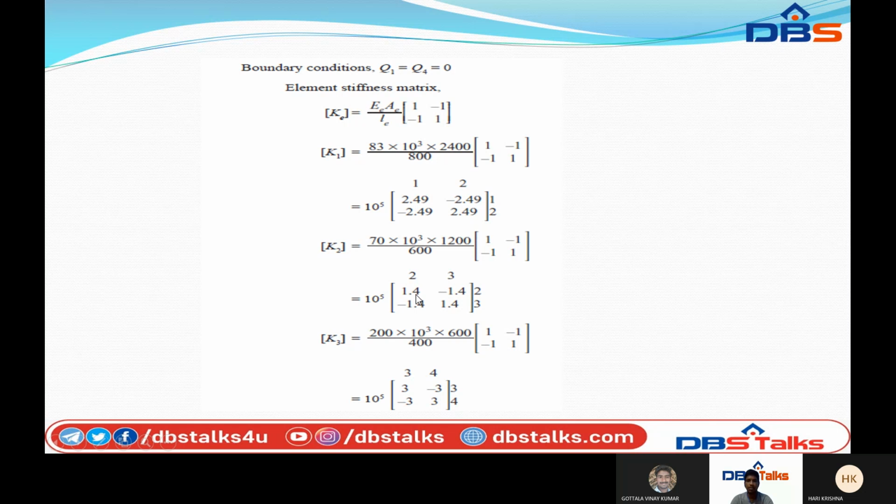That means 2.49 plus 1.4. After that, similarly, K23 is -1.4, K24 is 0.